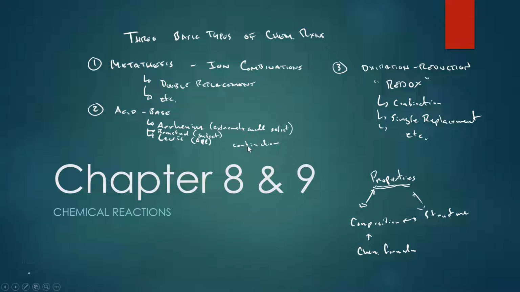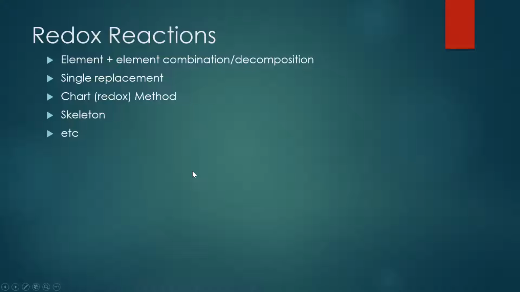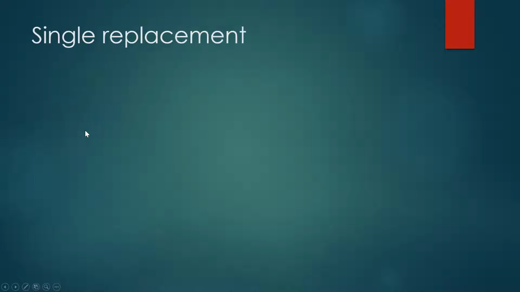Well, this I was going to write. So this is redox reactions. I broke it down into these categories: element plus element combination, decomposition, single replacement, chart redox method, or chart method, skeleton redox.